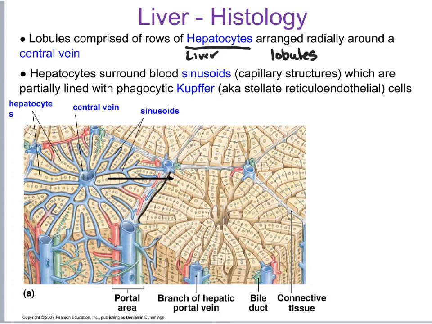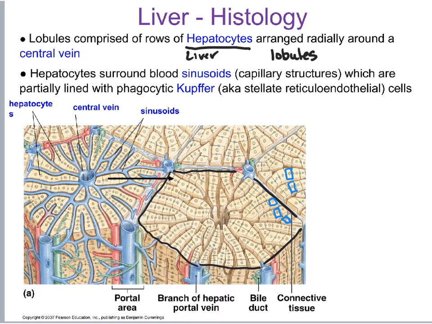So lobules are these hexagonal shaped structures with the brown cells here being the hepatocytes. They're over here too. I was just trying not to draw too much on this one. But all of these cells are the hepatocytes.